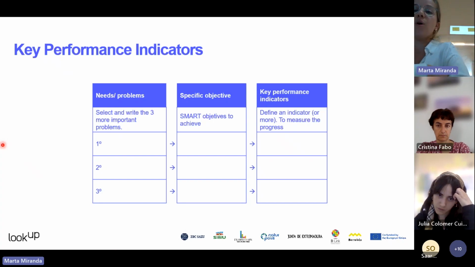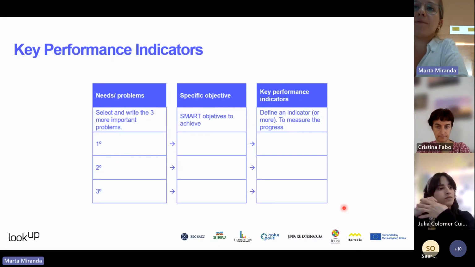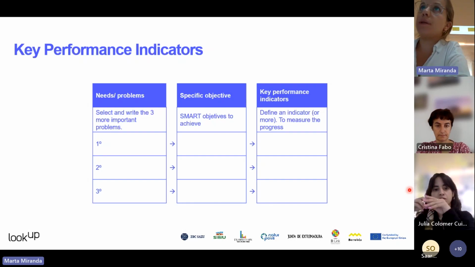I don't know if you know what a SMART objective is, but it corresponds to a specific, measurable, achievable, relevant, and time-bound objective. No, a very clear objective that can be measured. And then, with the objective to solve this problem, we will link it to a key performance indicator.